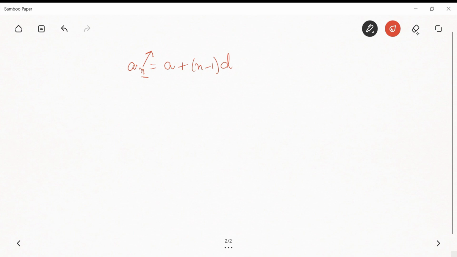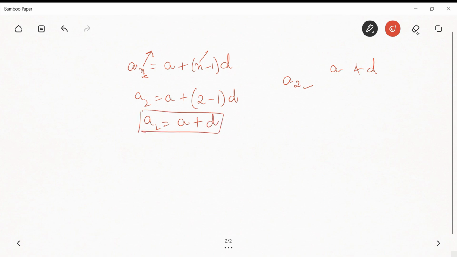For example, if we want to find the value of a2 and we know the values of a and d, then in place of n we will write 2. a2 is equal to a plus 2 minus 1 into d. 2 minus 1 is 1, so 1 into d gives d. So a2 is the addition of the first term and the common difference.